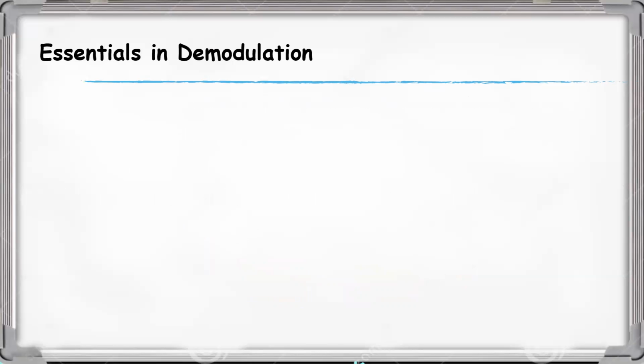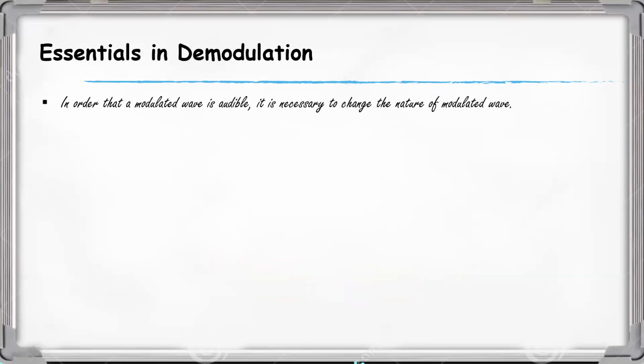Then what are the essentials in a demodulation? We know that a modulated wave contains a carrier wave and the modulating signal in the two side bands.